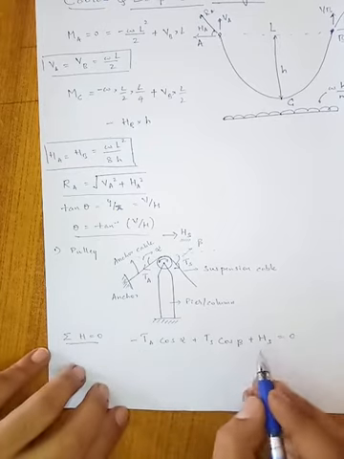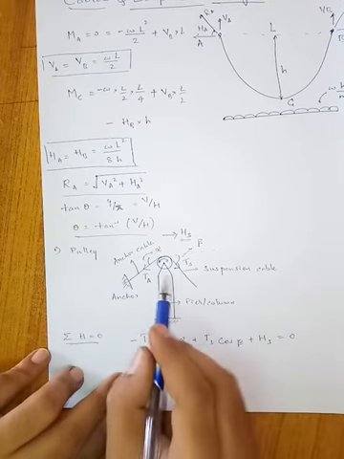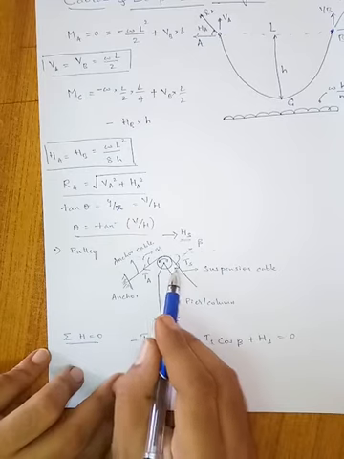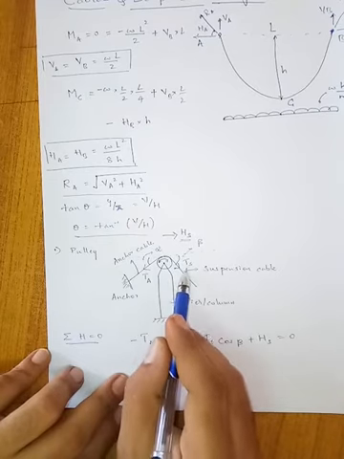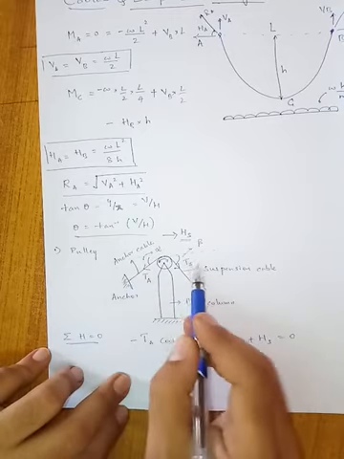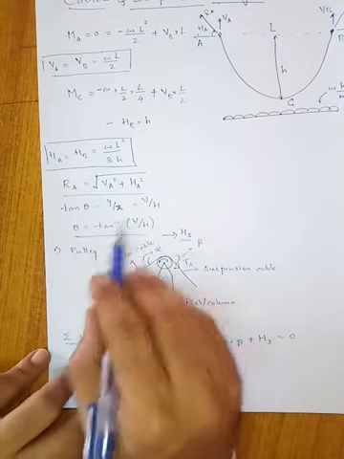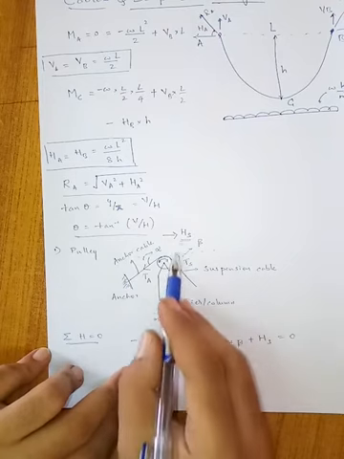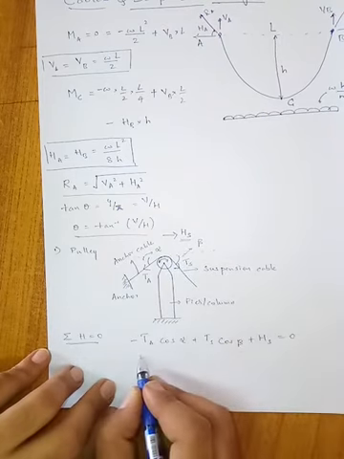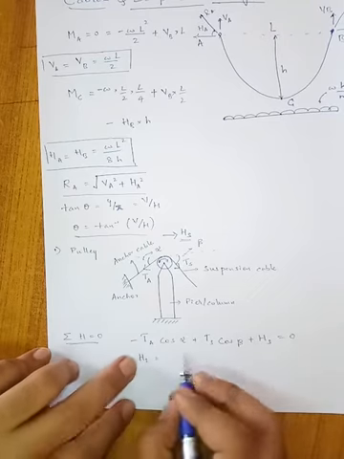Now you can calculate HS, because the tension in the suspension cable you have calculated earlier. Since it is passing through the pulley, the tension in the suspension cable and the anchor cable will be the same. Here alpha will be given in the question. Beta you have calculated from this equation. What is the unknown? HS is the unknown, so you will have to find out HS.